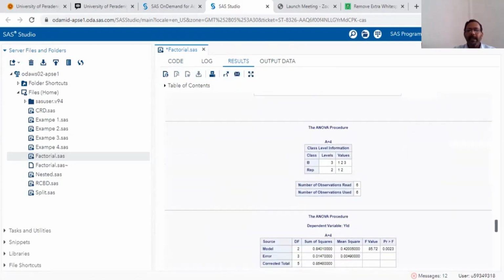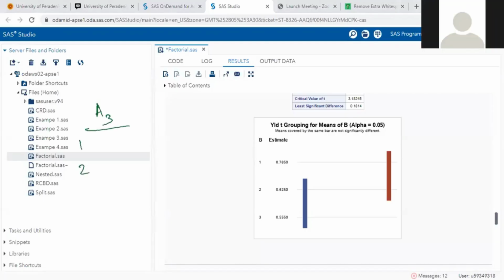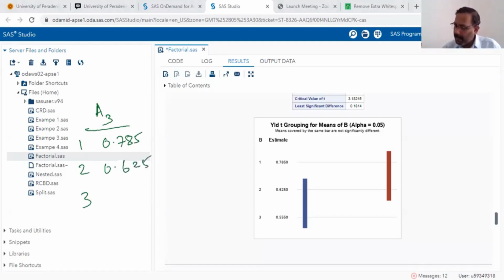Let's look at A3. Tell me what is the story now? Interesting. A3. If we compare, first and second are both the same color, and second and third are also the same color. So how can we interpret this?